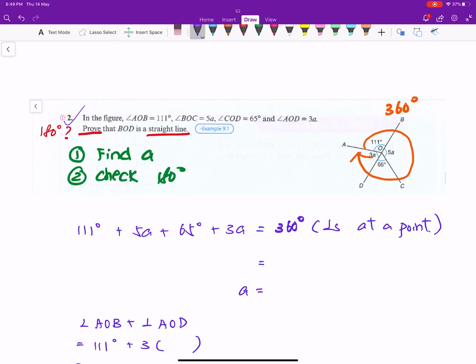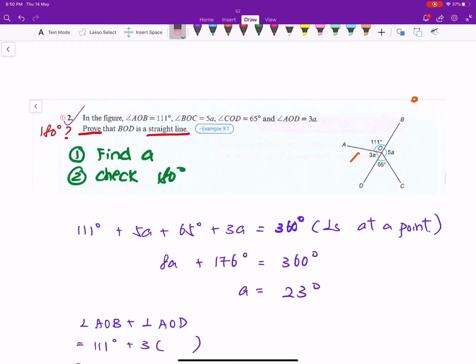Okay, so after that, it equals 8A plus 176 degrees equals 360. So after 360 minus 176 and divided by 8, A is equal to 23 degrees.